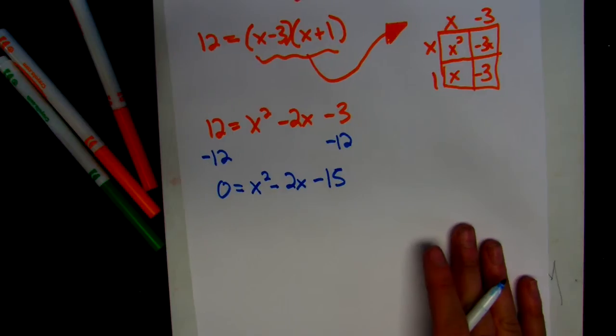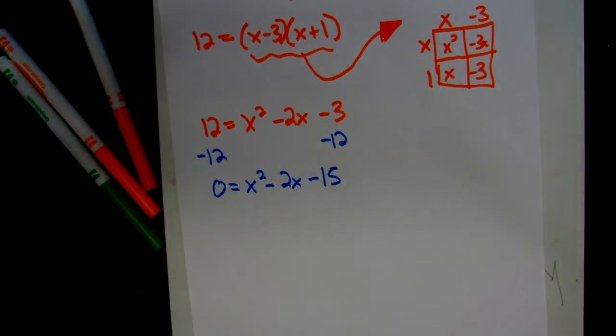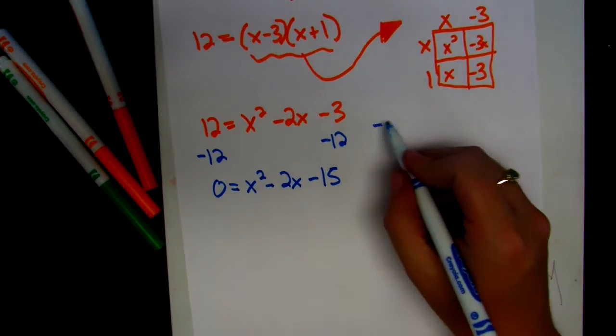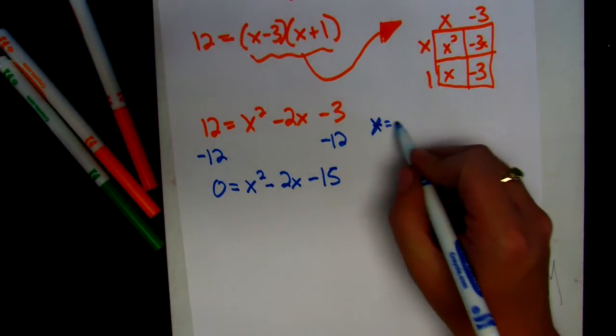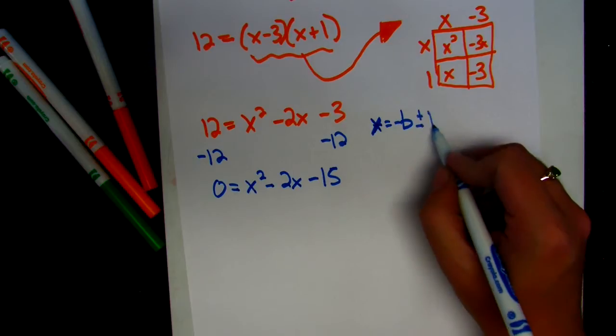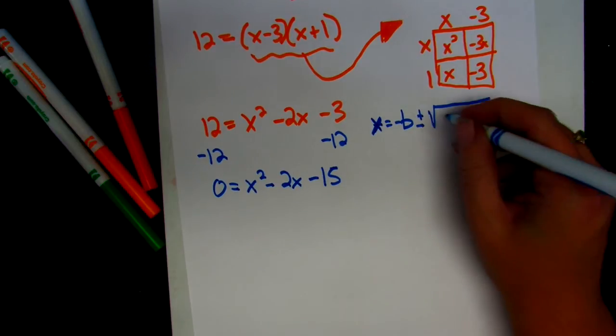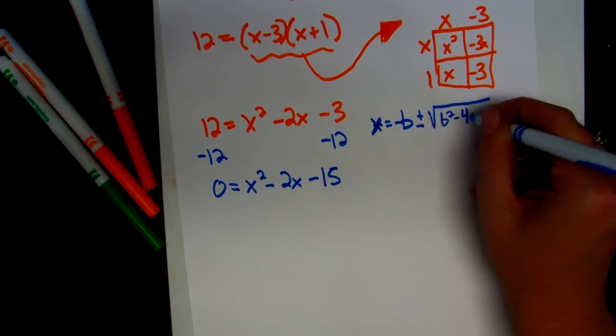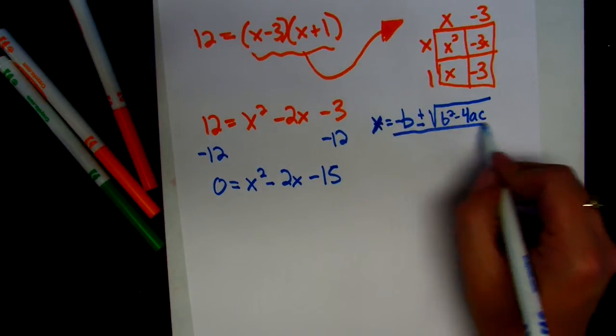So remember, there are multiple ways to solve a quadratic. You can either factor, or you can use the quadratic equation, which is x equals negative b plus or minus the square root of b squared minus 4ac, all over 2a.